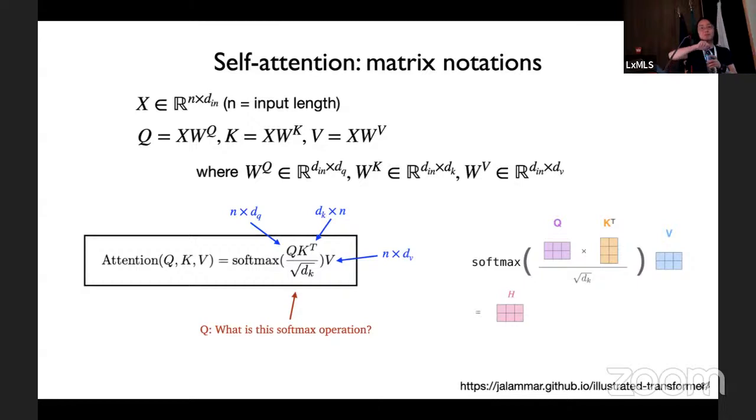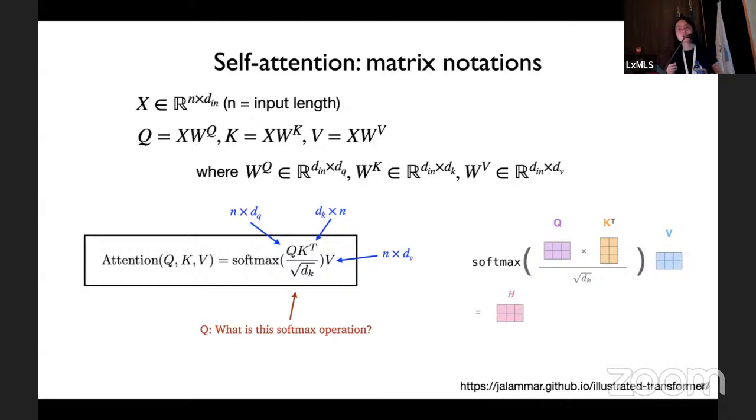My question is about WQ, WK, and WV. Can you go into more detail about how we obtain these three? WQ, WK, and WV are three weight matrices. Those are parameters of the transformer blocks that need to be learned from the data.